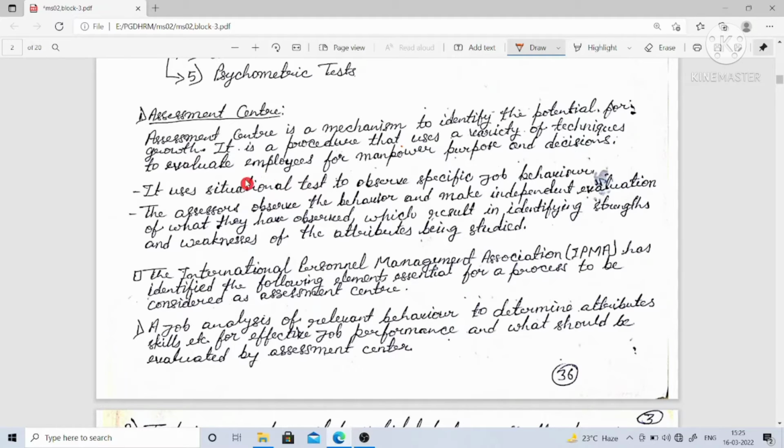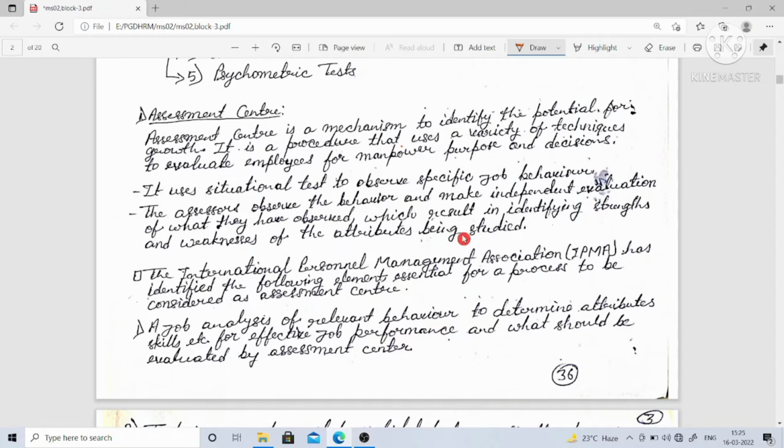It uses situational tests to observe a specific job behavior. The assessors observe the behavior and make independent evaluations of what they have observed, which results in identifying strengths and weaknesses of the attributes being studied.